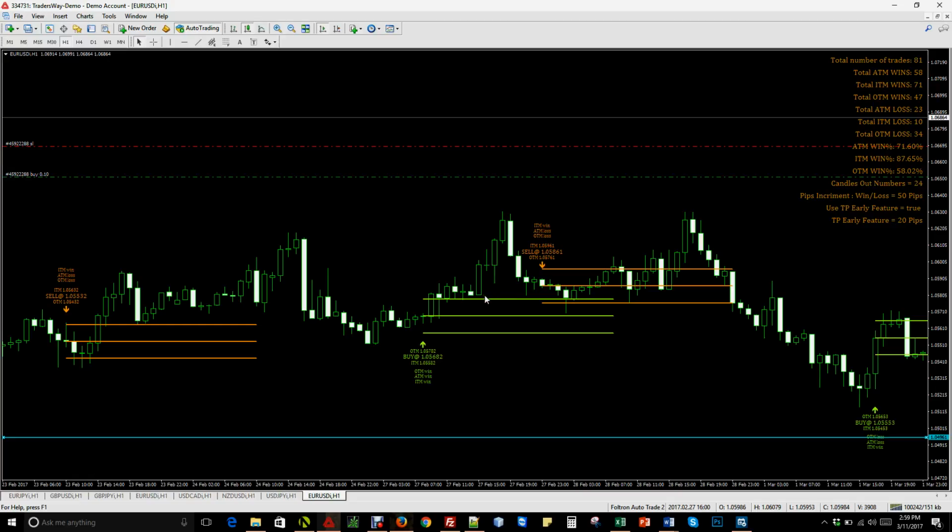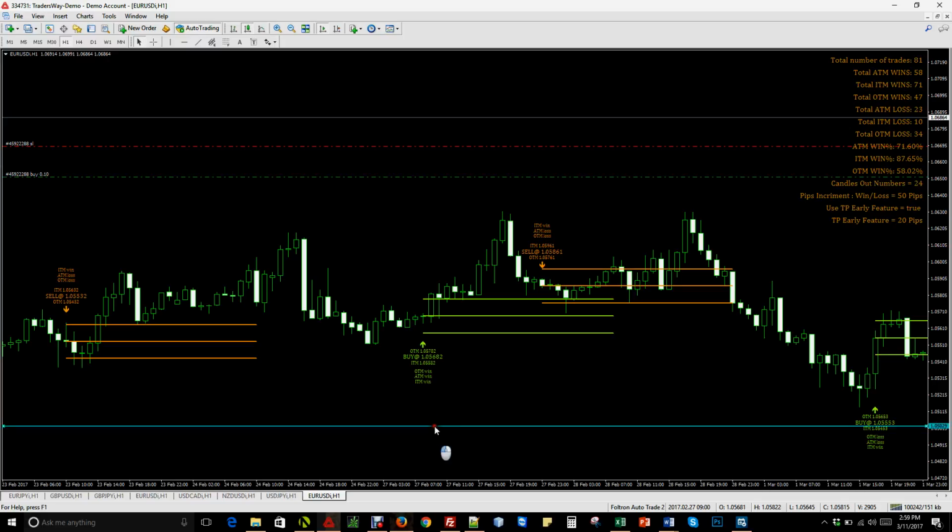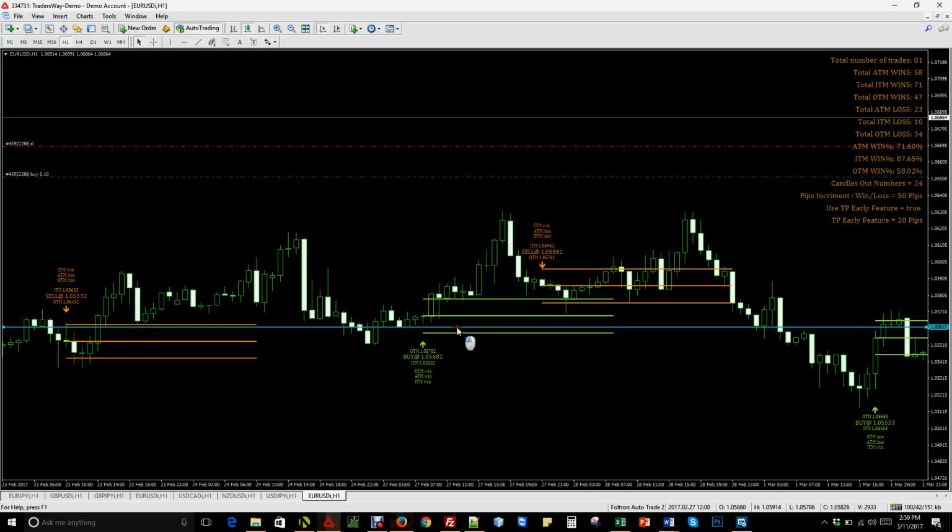So if we look, let's just say this one right here. This was a win for all three, OTM, ATM, and ITM. If you took this trade, you would have entered at market price. Okay.